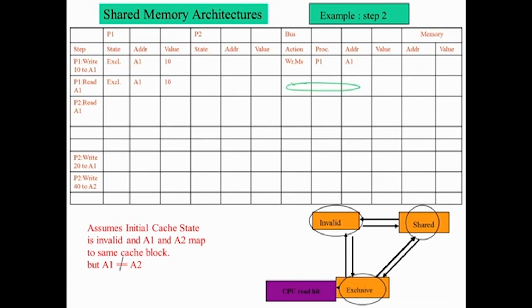Bus is empty, because I am just reading A1 and this is that loop here. This is a read hit on that loop here. When there is a read hit, I need not tell anyone, because nobody is going to benefit by knowing that I am reading A1, because I am holding A1 in the exclusive state. Are you able to follow?